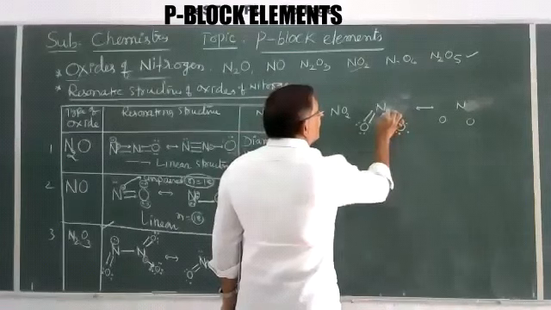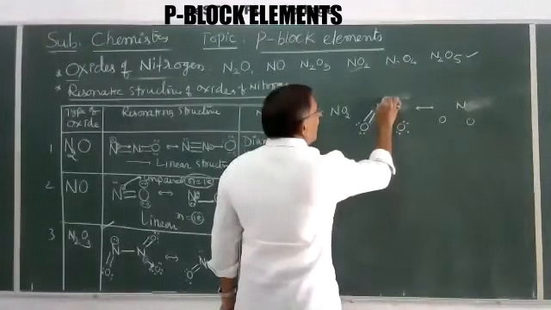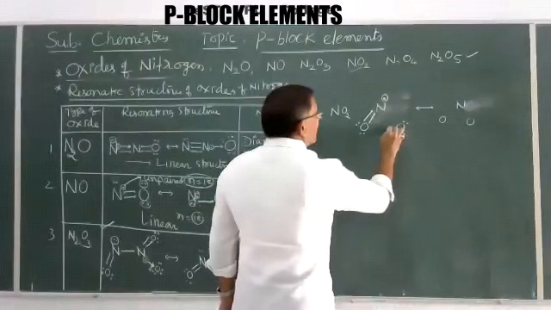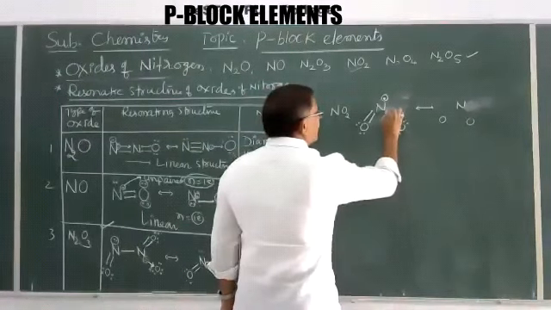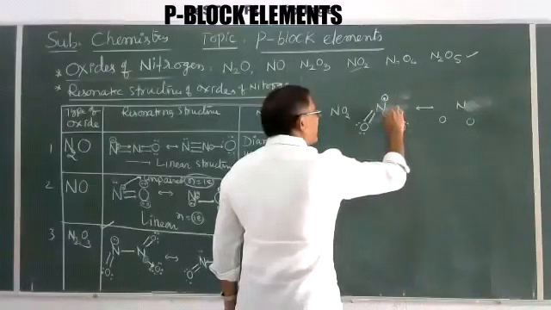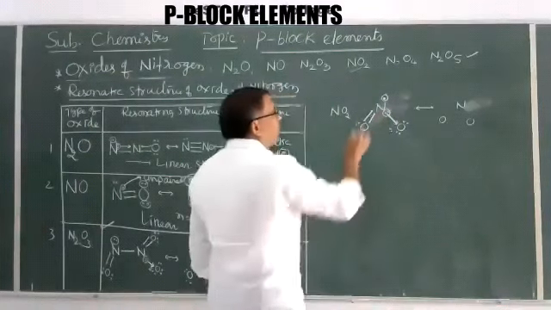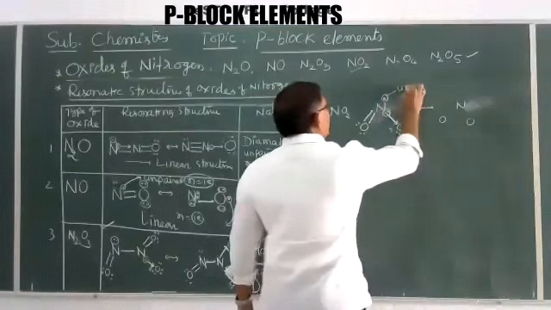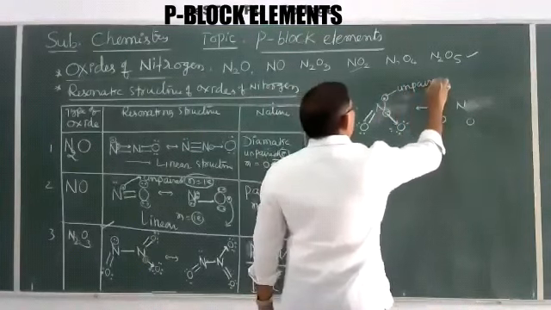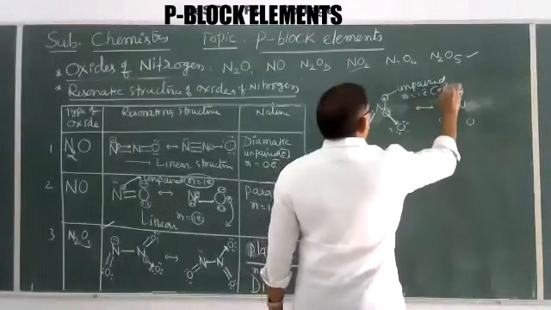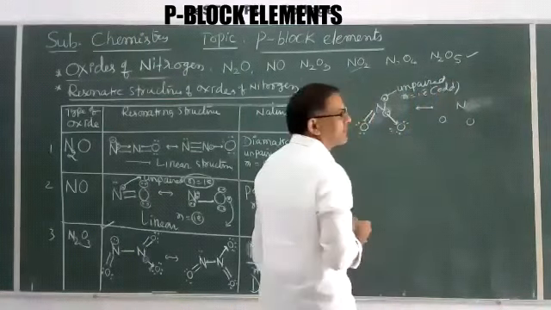But for this oxygen atom, this nitrogen atom donates a pair of electrons to this, it forms a coordinate bond. One electron is unpaired, that is n is equal to 1 electron, that is an odd number of electrons.